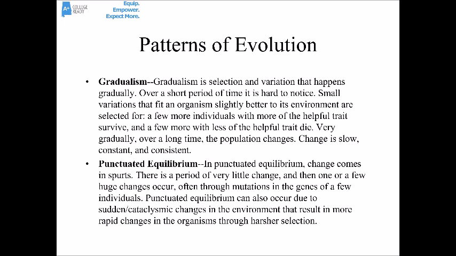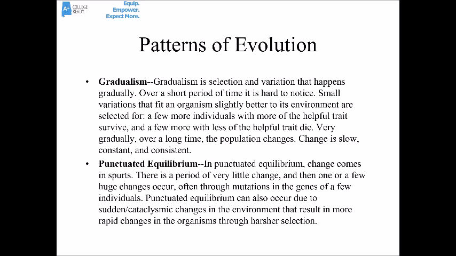It's slow, constant, consistent. There's also, though, an idea of punctuated equilibrium. This is when change happens very fast, in a very big way, in spurts. So there are long periods of very little change.